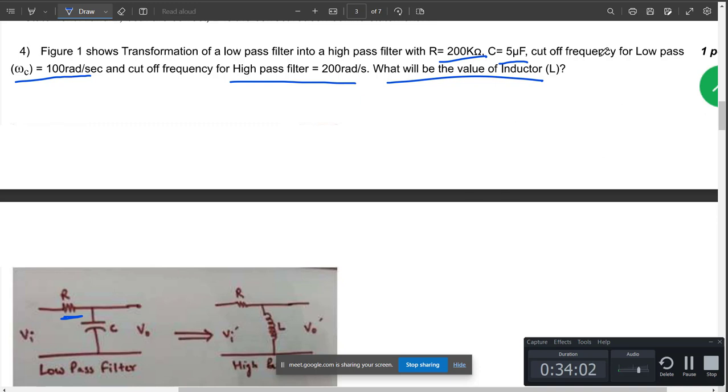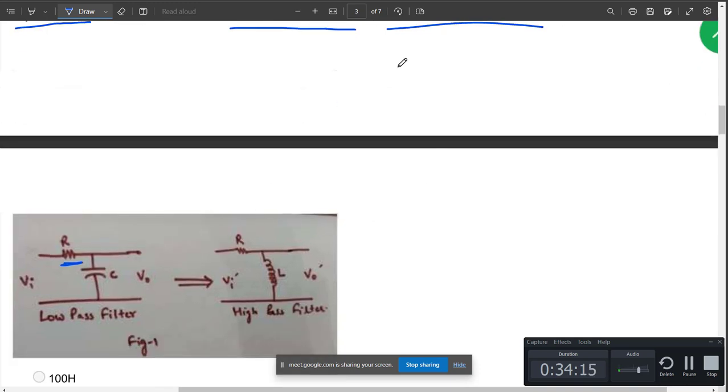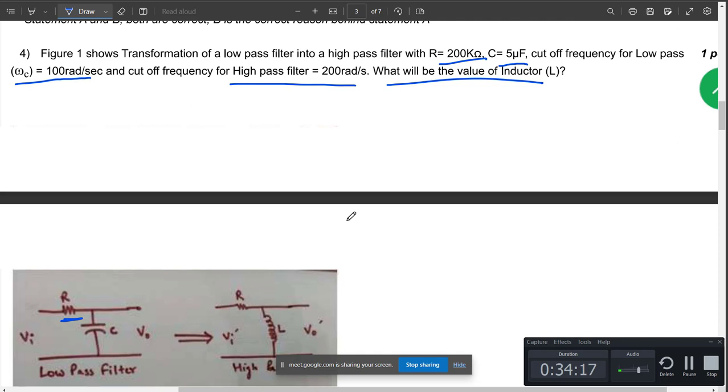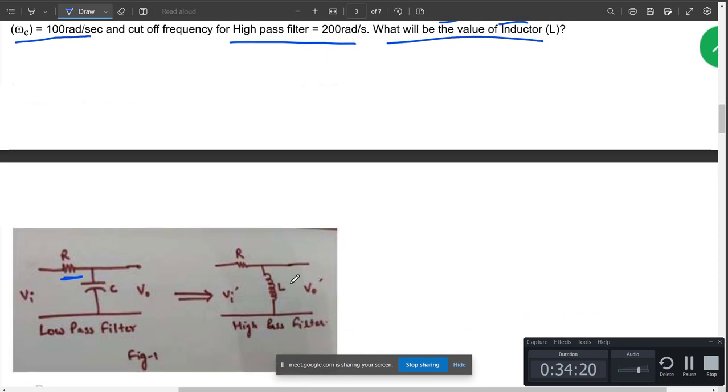Now cutoff frequency for low pass is 100 radian per second, and cutoff frequency for high pass filter is 200 radian per second. So what will be the value of inductor? So cutoff frequency is given to us. We have to find out the value of inductor here. This we have to find out, right?